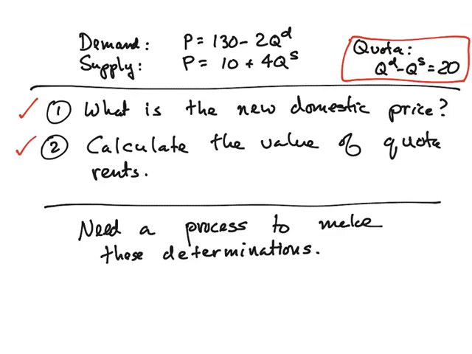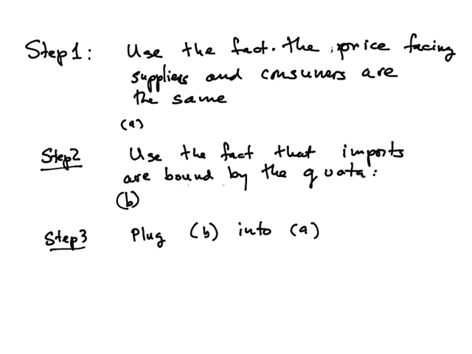Now, there are a lot of other questions that you could ask in terms of producer surplus and consumer surplus and so forth, but let's just focus on these two questions. What's the price with this level of imports, and what are the value of the quota rents? So let's look at a step-by-step process of how one would go about doing this.